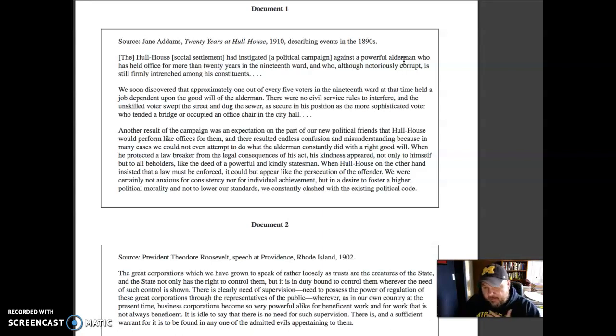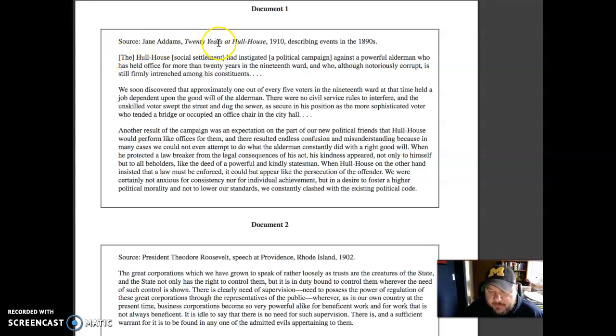If I got off the boat from Ireland and a party boss grabbed me and said, here's a job, here's a place to live, he expected me to vote for that political party come election time. If I didn't, obviously my job and my place to live were put in jeopardy. So it's a you-wash-my-back, I-wash-yours kind of arrangement.